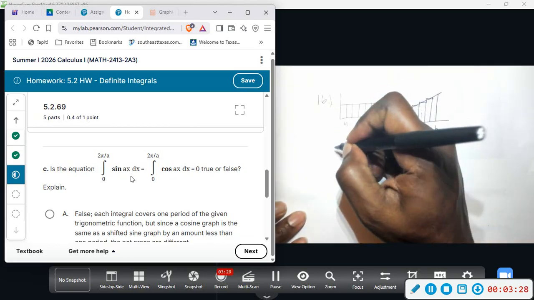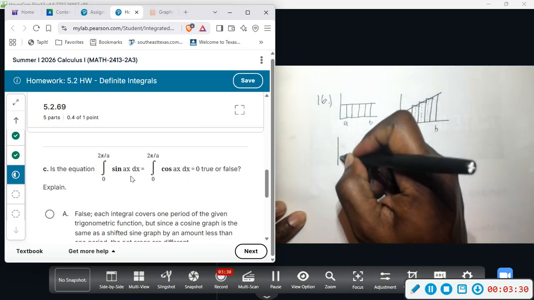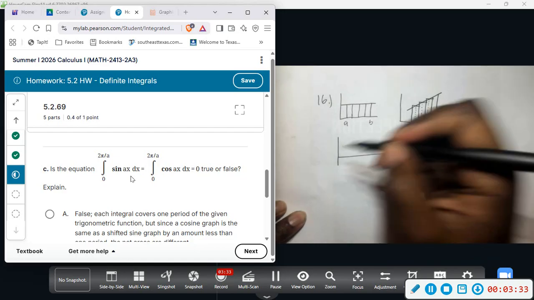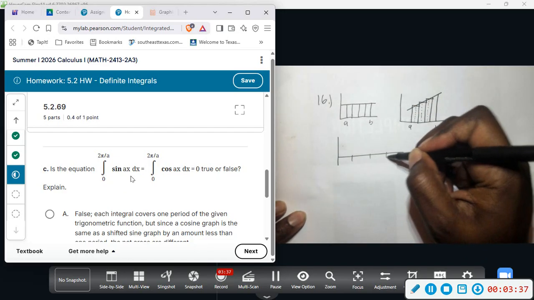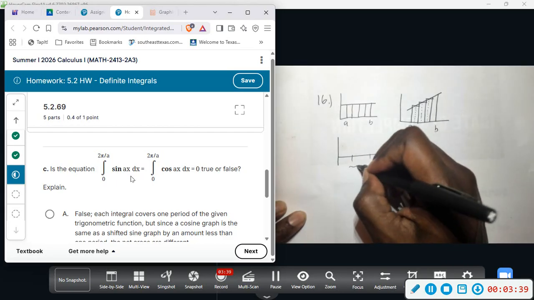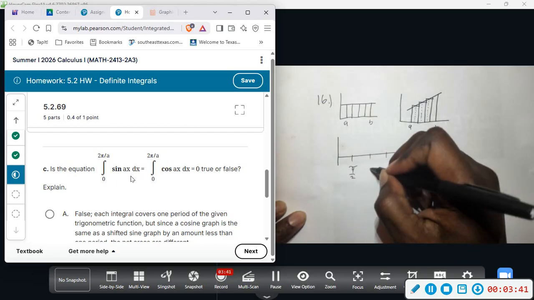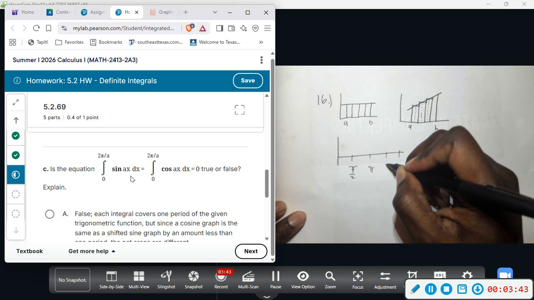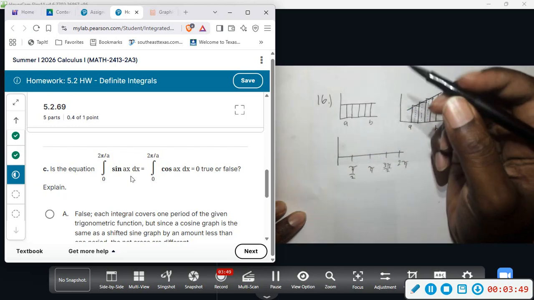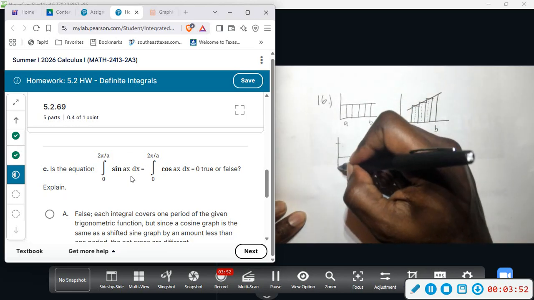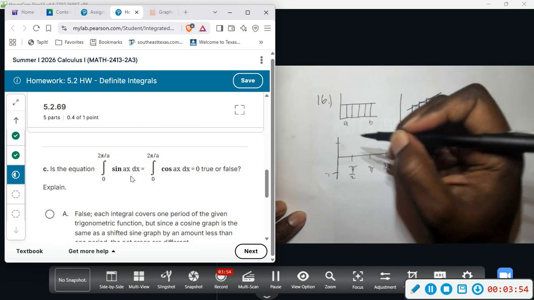When we do sine and cosine, let's just say from 0 to 2 pi, with marks at pi over 2, pi, 3 pi over 2, and 2 pi. Let's say that this is 1, this is negative 1.